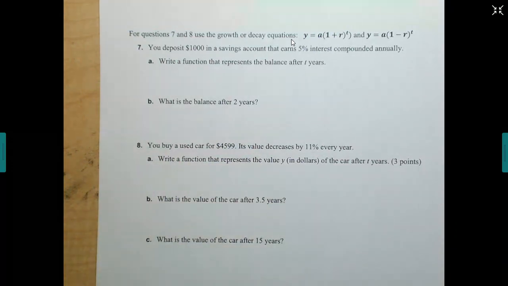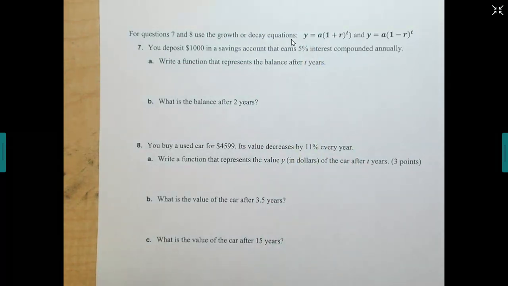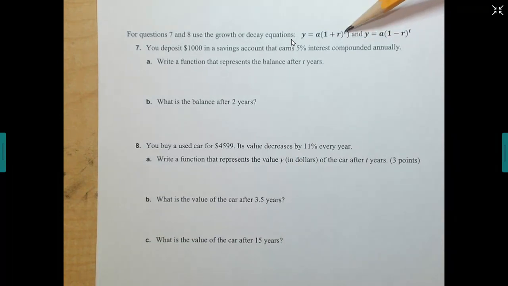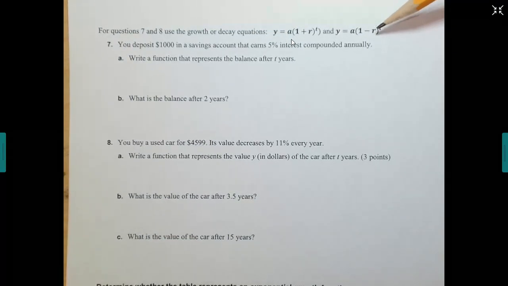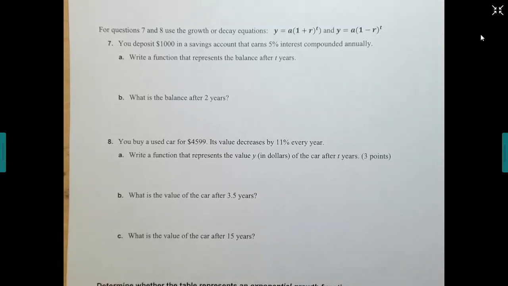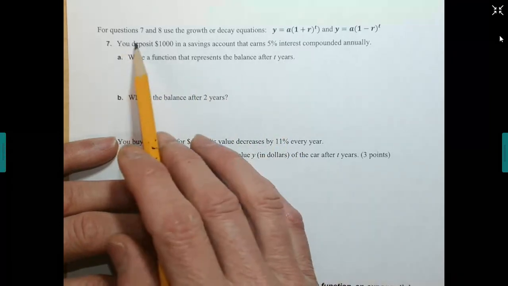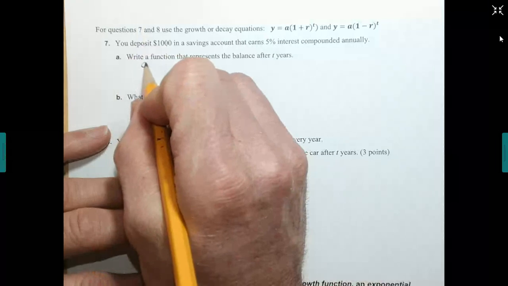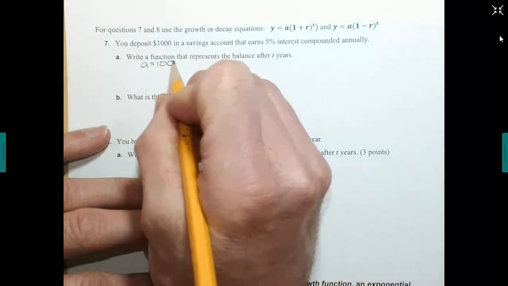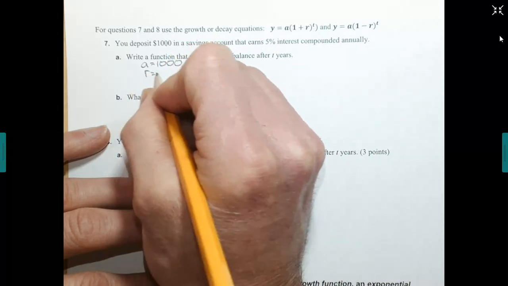For questions 7 and 8, use the growth or decay equations, which I give you right here: y equals a times 1 plus r to the t value, and y equals a times 1 minus r to the t value. Write a function that represents the balance after 2 years. You deposit $1,000, so my initial investment is $1,000, in a savings account that earns 5%. So my rate is 5%.